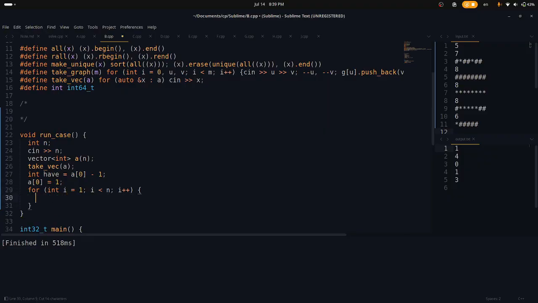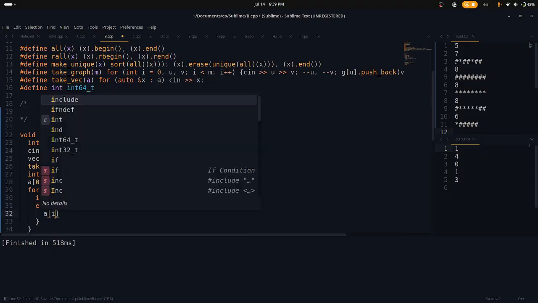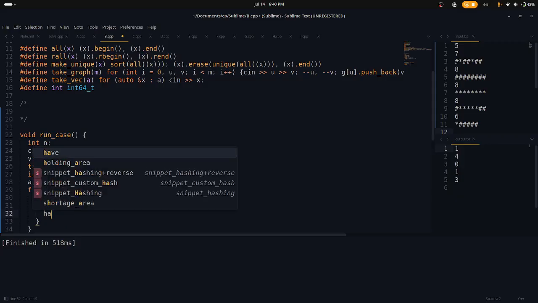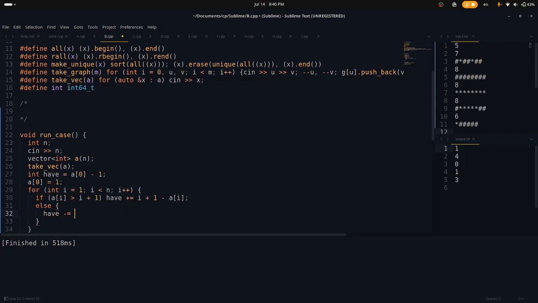Like I want to make it 2, so if a of i is greater than i plus 1, then a of i plus 1 will be minus a of i, else a of i plus 1 is equal, basically, like half of i, half minus is equal a of i minus, this is different.